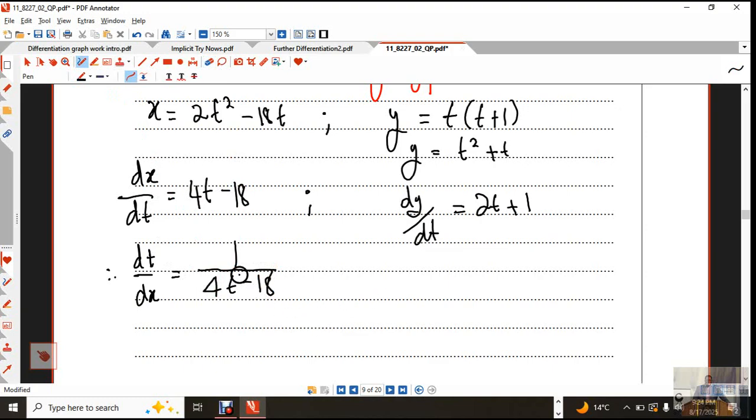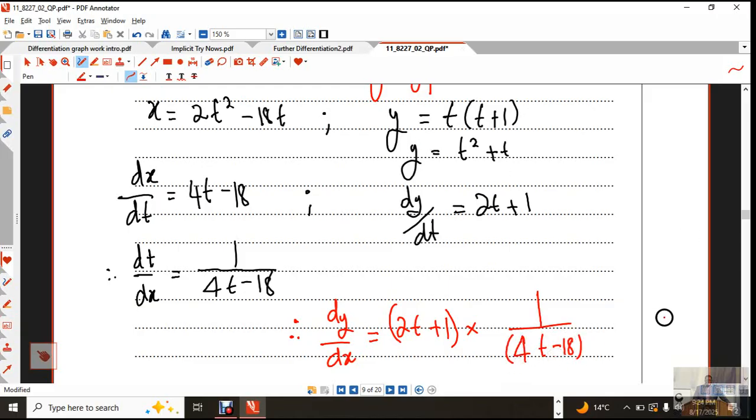Now, therefore, we can say dy/dx is going to be dy/dt, which is 2t plus 1, multiplied by 1 over 4t minus 18.